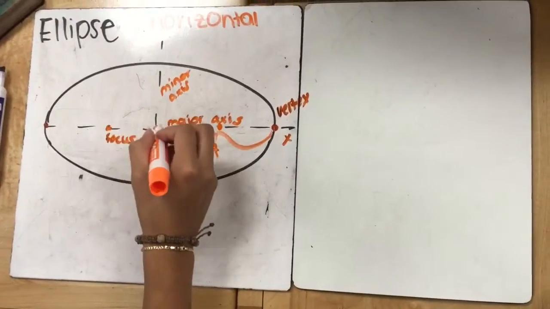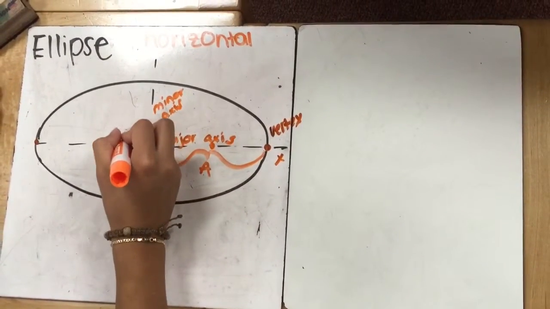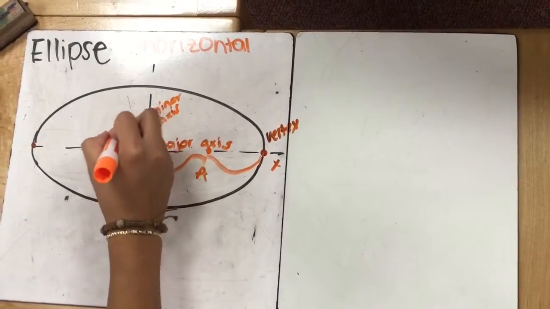And from the origin to the focus is called C.